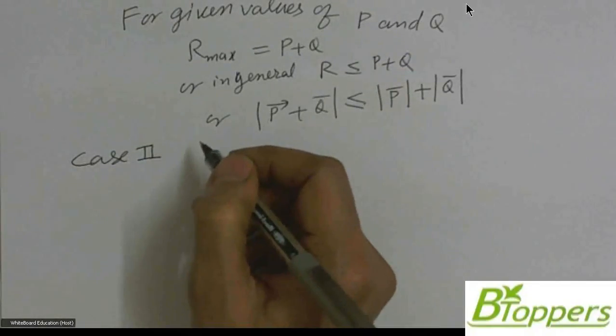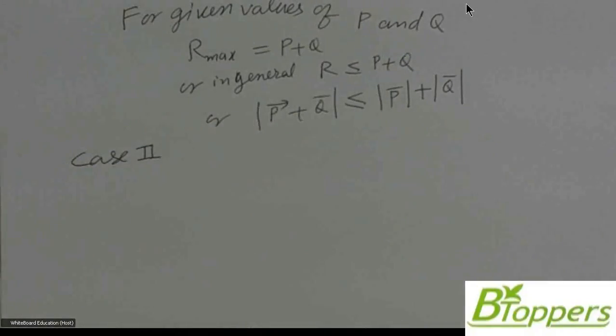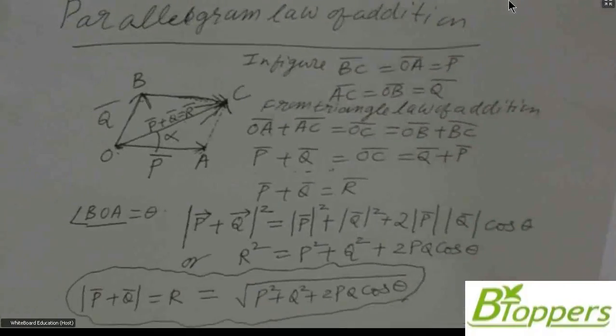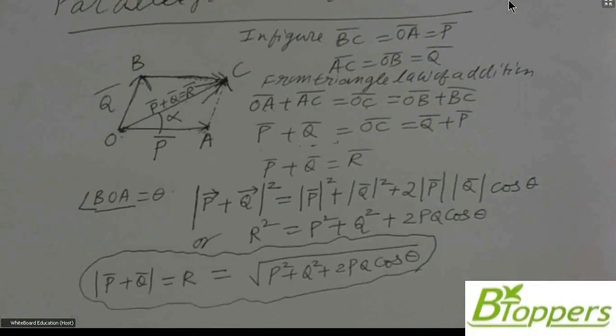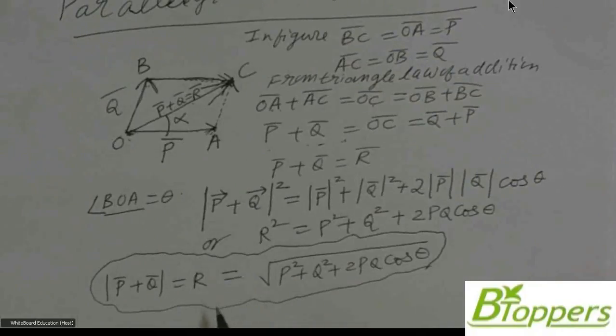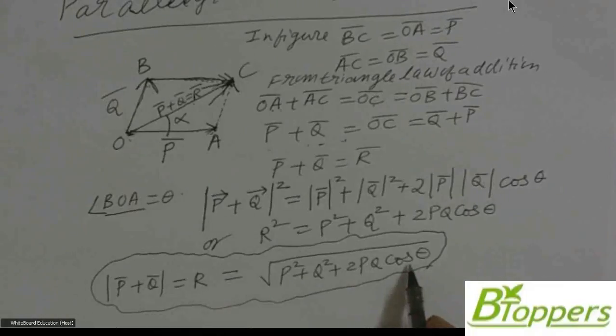Next we go to the case 2. Again, if you look at the expression for magnitude of the resultant of the two vectors, R equal to root of P square plus Q square plus 2PQ cos theta. For given values of P and Q, if the value of R is minimum, then cos theta is minimum. The minimum value of cos theta is -1.